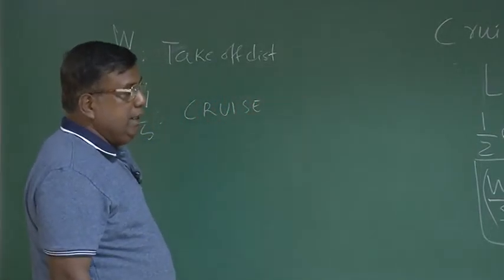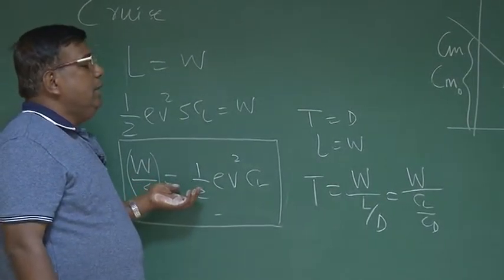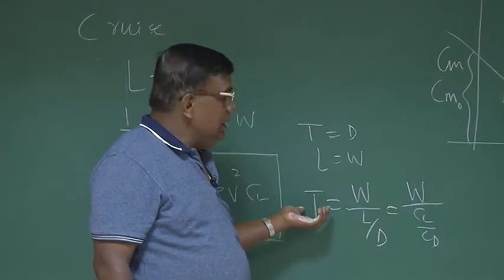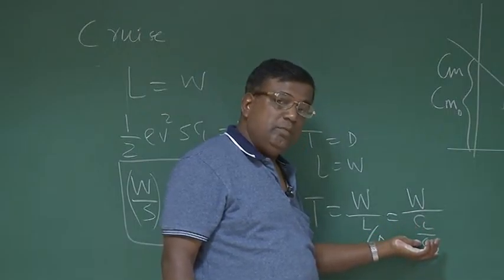The story doesn't end here. You know that if I want to fly at a CL where thrust required is minimum, then I have to fly at a condition where CL by CD is maximum. You are all expert now.